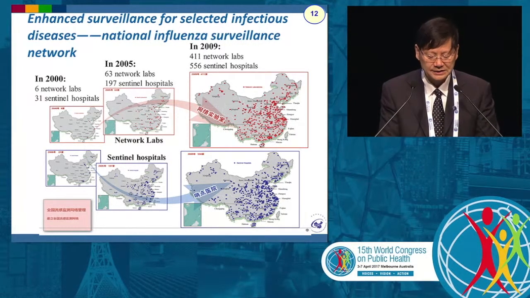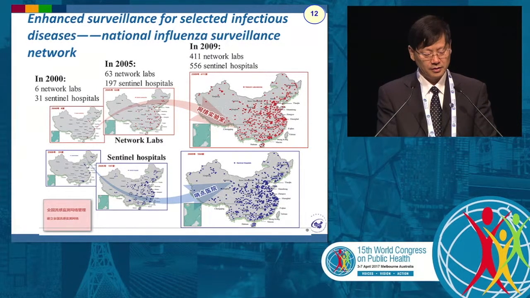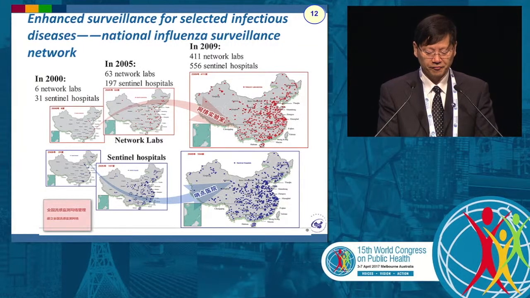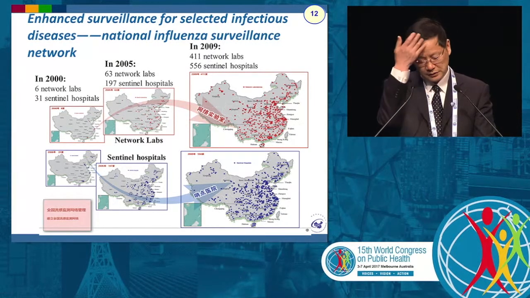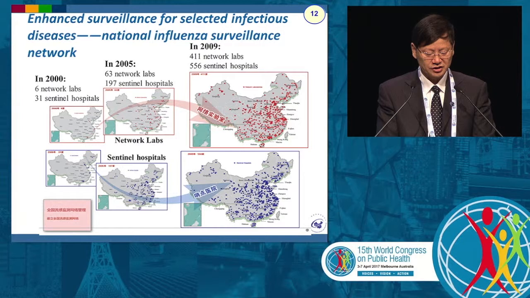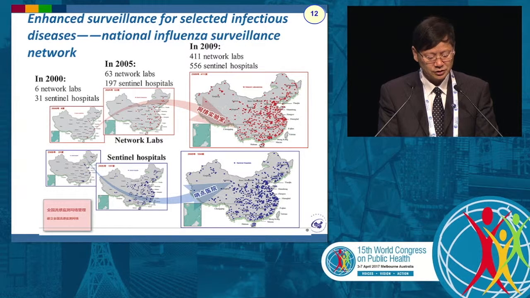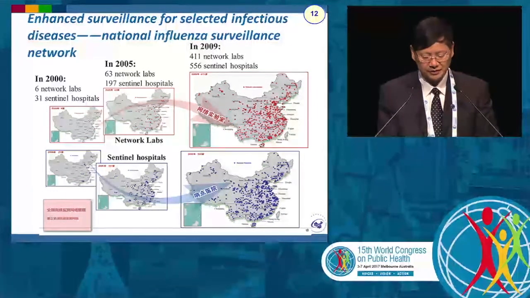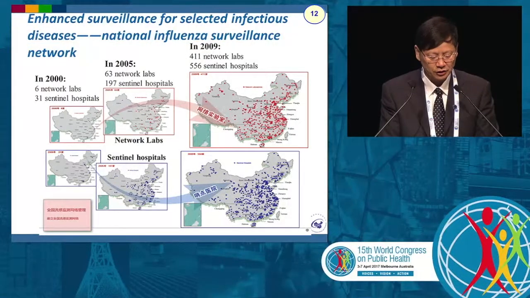Both network labs and sentinel hospitals expanded greatly during the past 15 years, which increased the number of labs from 6 in 2000 to 511 in 2009, and the number of hospitals from 31 in 2000 to 556 in 2009.